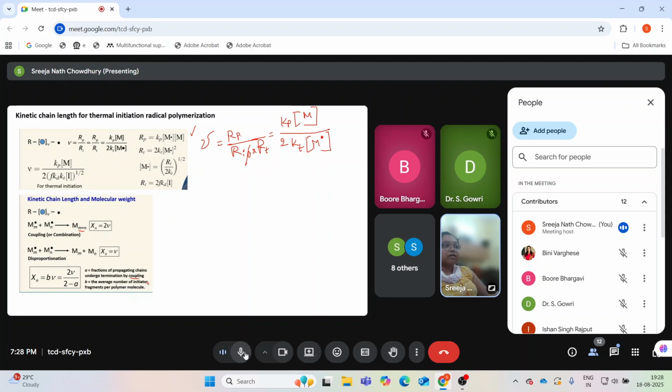Why is this so? Because for a coupling or combination reaction, we have two initiator molecules in each polymer chain. This is the maximum possibility, that is 2.